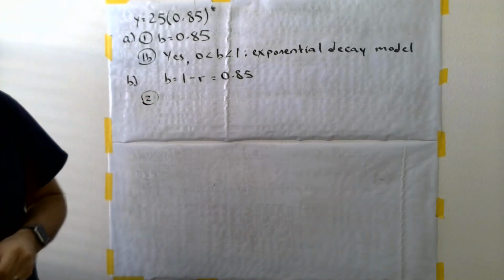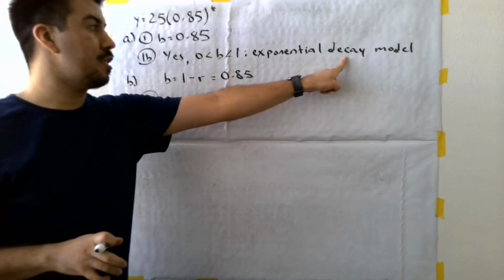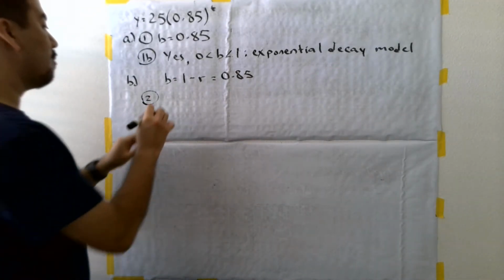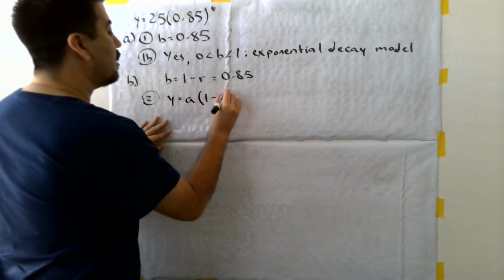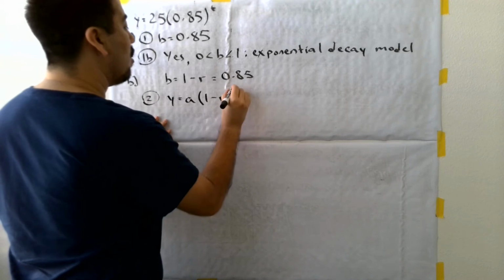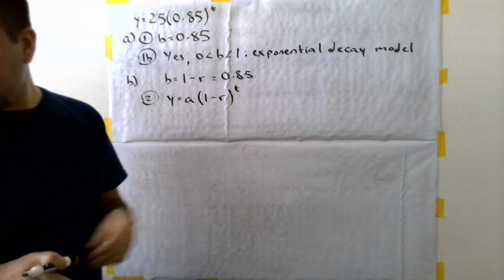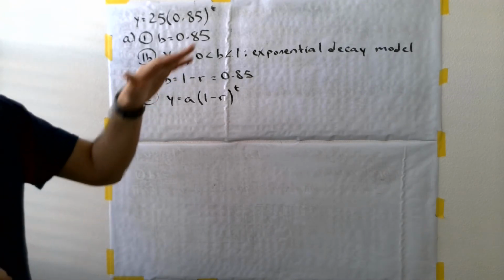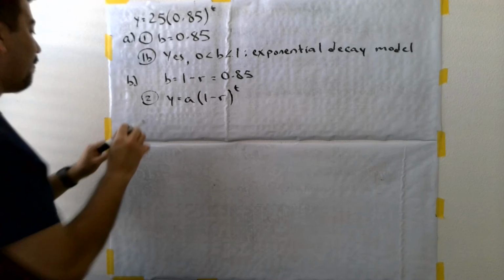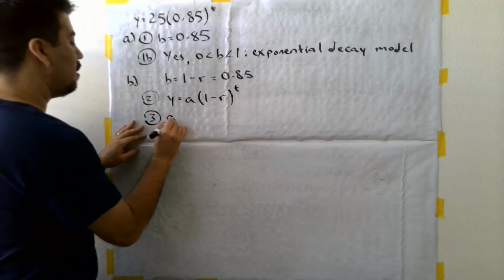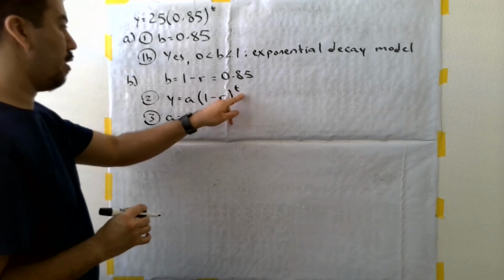Step 2 says rewrite the exponential model that applies to the problem, growth or decay. In this case, it's decay. So the equation I'm going to use is y equals a times 1 minus r raised to the t, and you see that from the top of the page. Step 3 says identify your initial amount, a. The initial amount is whatever value is not being raised to the t power.